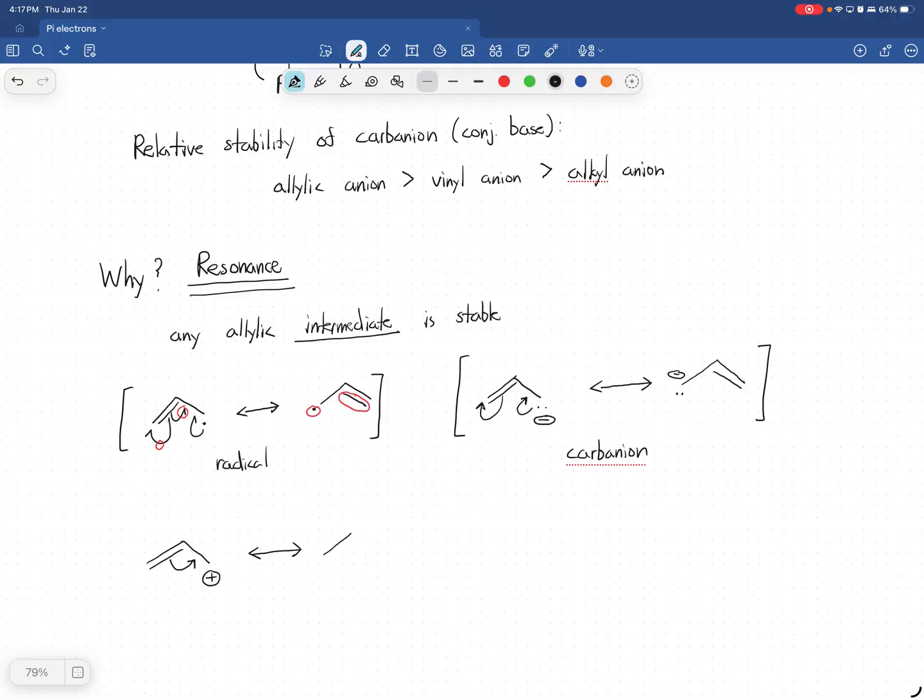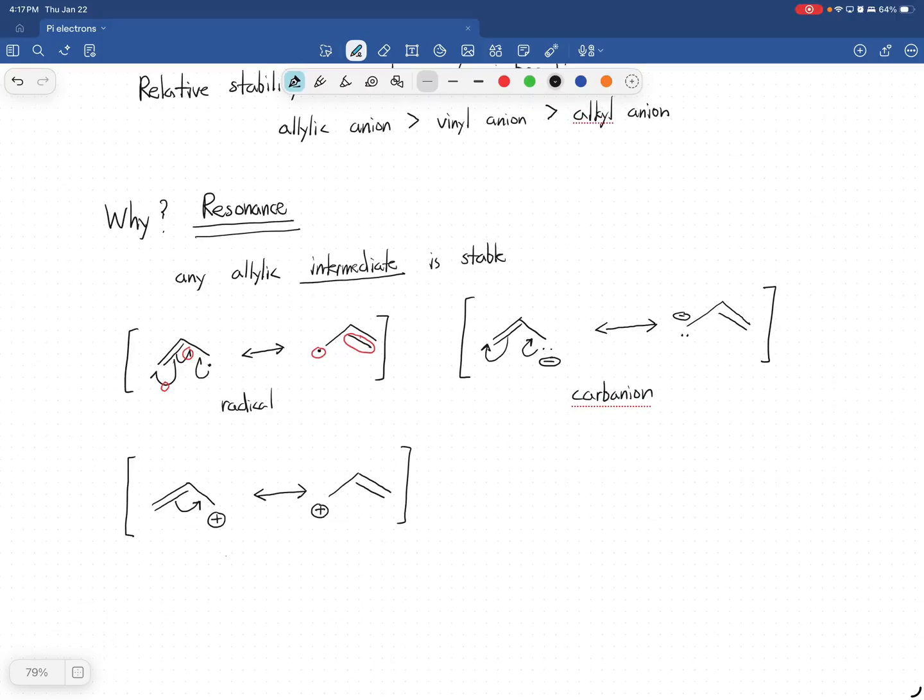Now the positive charge will be on the left-hand side. Okay, so it looks like we have similar resonance structures. It's just the charge that is different: a radical instead of a lone pair with a negative charge, or just no electrons at all, the positive charge. So it stabilizes these intermediates.